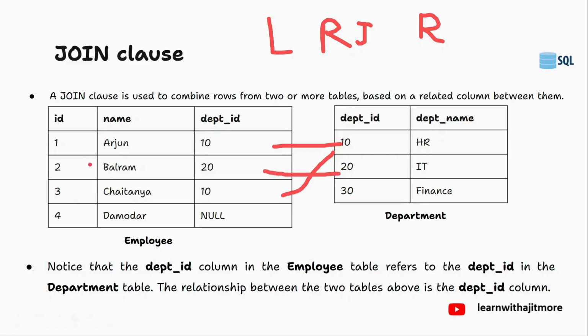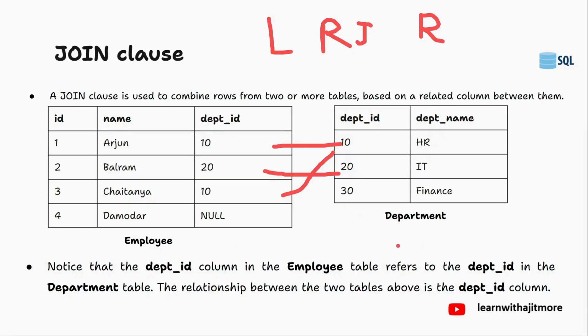20 is related here. So 2 Balram 20 20 IT. And this 30 finance will also come. I told you in the right join, all the records of right are sure going to come. So 30 finance will sure come. But 30 finance is not having corresponding employee here. So for the employee columns, you'll get null, null, null, 30 finance.